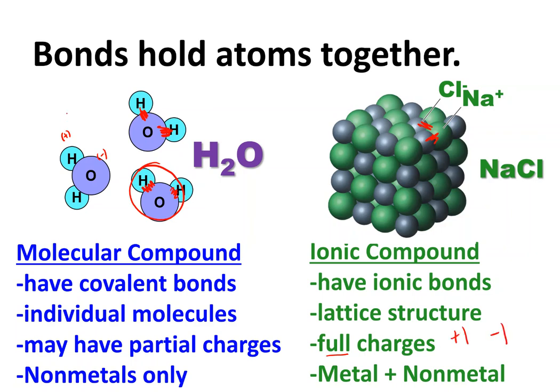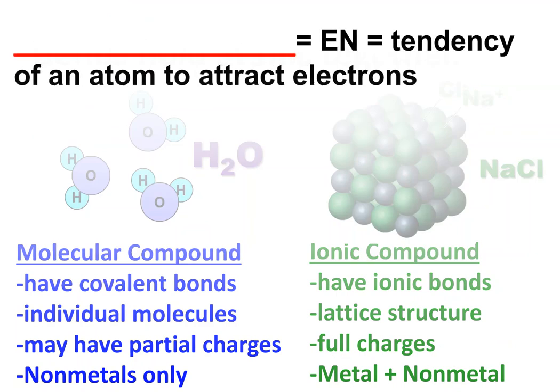When I drew these over here, there are 2 ways to draw it, like that, it means a partial negative charge, or you could do it like that. Those are not nearly a full +1 or something. So that's what we mean by full charges. They've actually lost or gained an electron. Okay, and then of course you have ionic compounds with a metal and a non-metal.